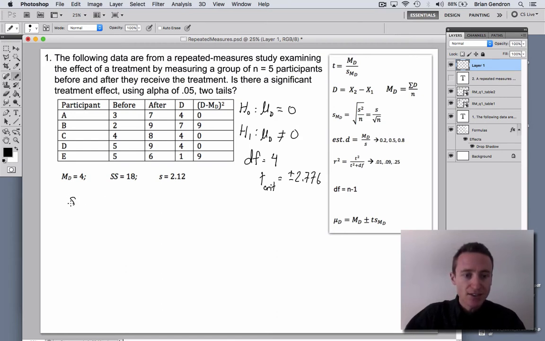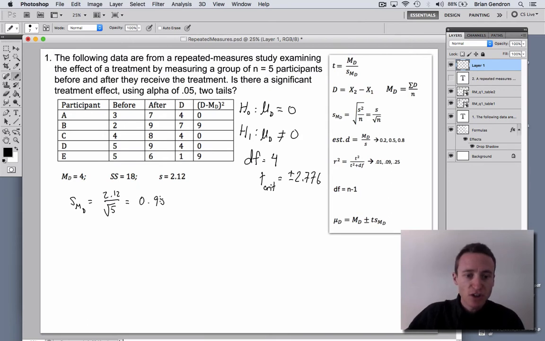So S sub m sub d, the estimated standard error of the mean difference, is the standard deviation 2.12 divided by the square root of the sample size, which is 5. Let me go ahead and do that now. And I'm getting 0.95.